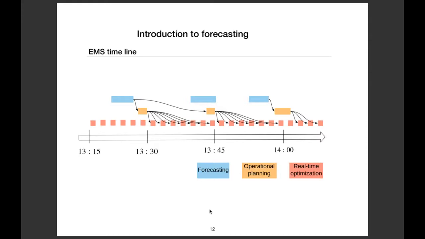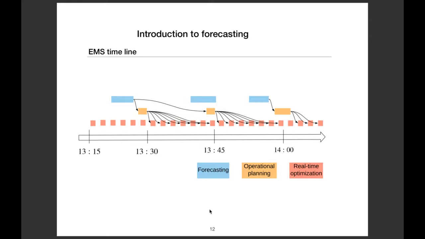Yes. So imagine, for instance, you have a microgrid with a PV plant. The forecasting module will produce some forecast of the PV generation, for instance, for the next 15 minutes. So it says, okay, I estimate that the production will be something like that for the next 15 minutes.